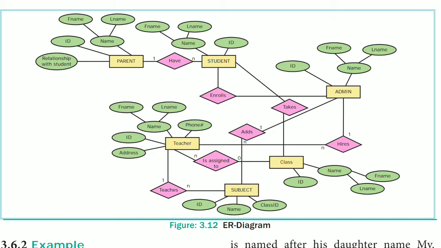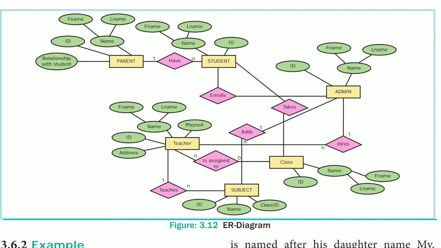Their relationships with each other are denoted by the pink rhombus symbols, and the green oval shaped symbols are attributes.